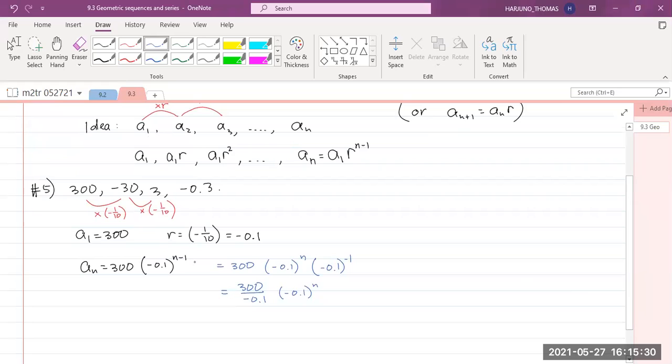So that's negative 3,000 times negative 0.1 to the n. Now, if you go to calculus 2 later on, then I will require you to simplify this even further. You need to show the alternating sequence part. This is the alternator.